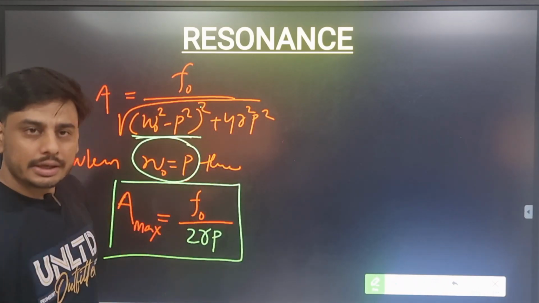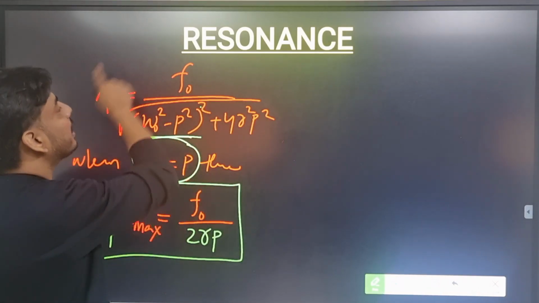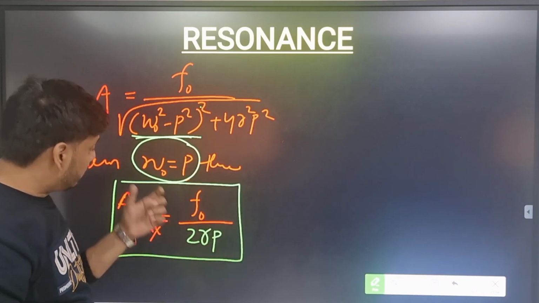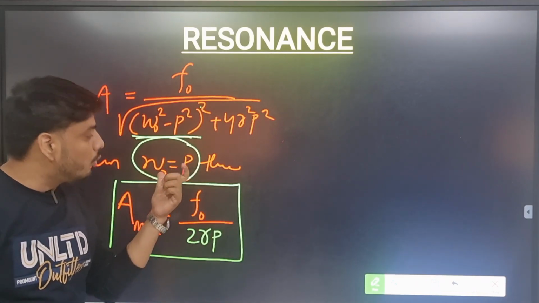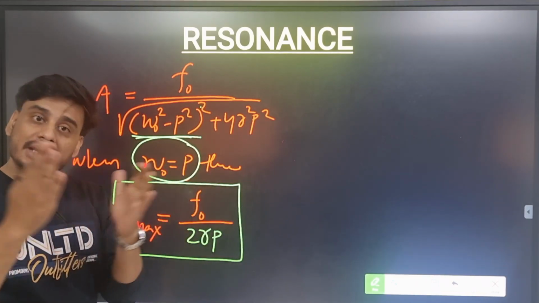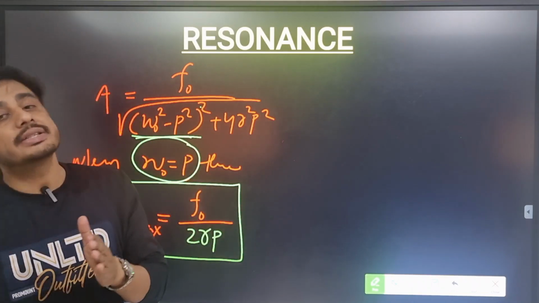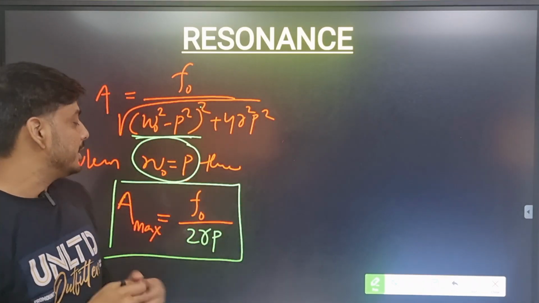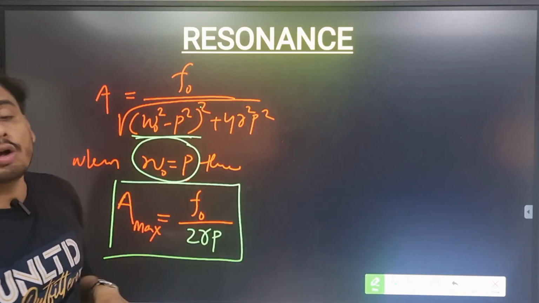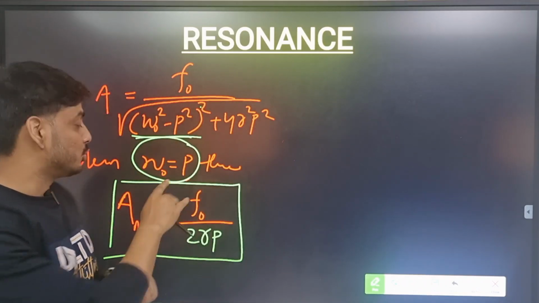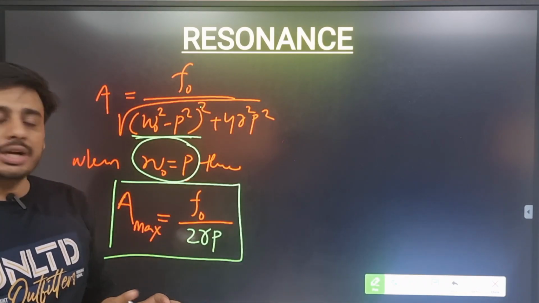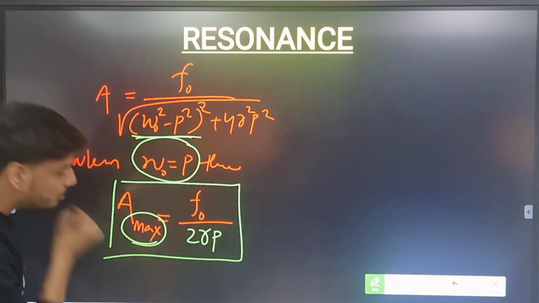So again the denominator increases. That means the total factor gradually decreases. The only condition for the maximum is omega naught equal to P. On either side of that condition, whether omega naught is less than P or greater than P, in both cases the amplitude of forced vibration will be less compared to resonance. For that reason, this is said to be maximum resonance.